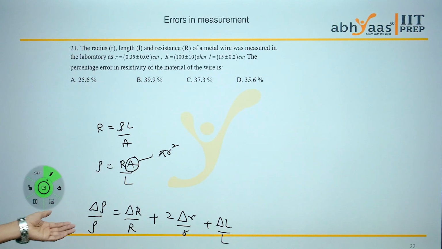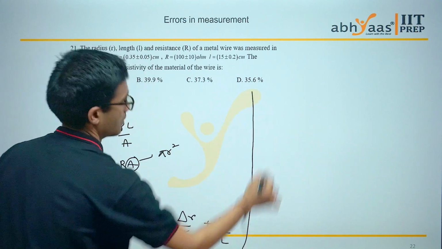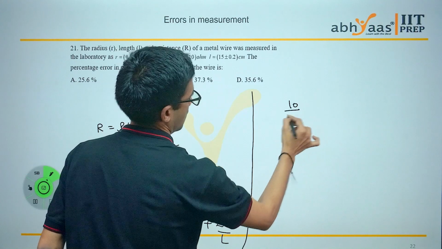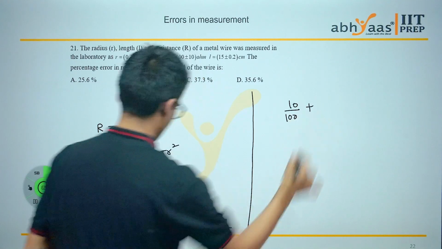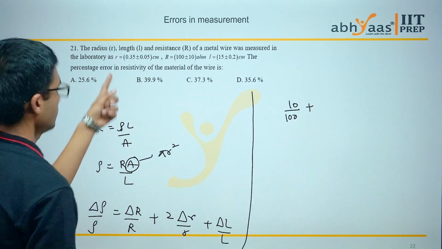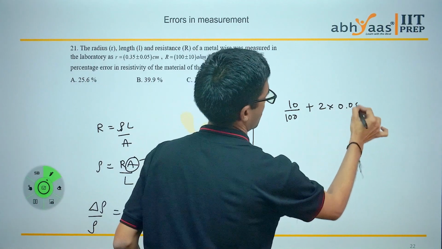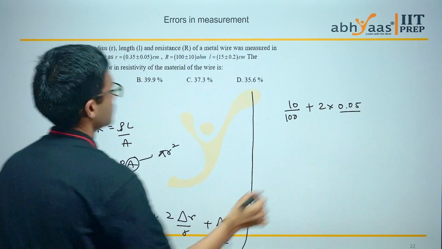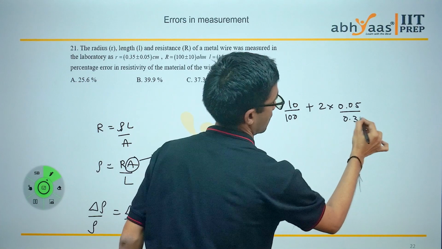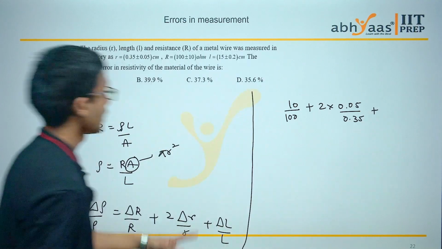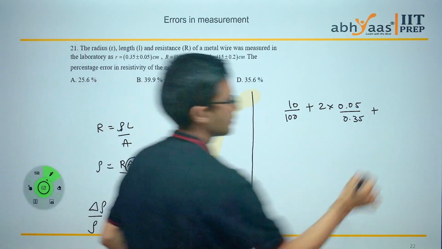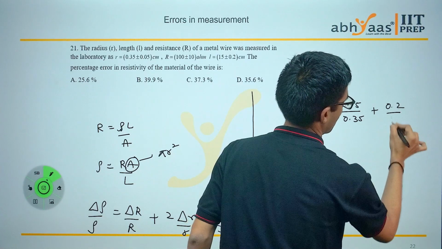Here delta capital R by R is given, that is 10 by 100, plus 2 into delta small r by r, that is 2 into 0.05 by 0.35, plus delta L by L is given, that is 0.2 by 15.